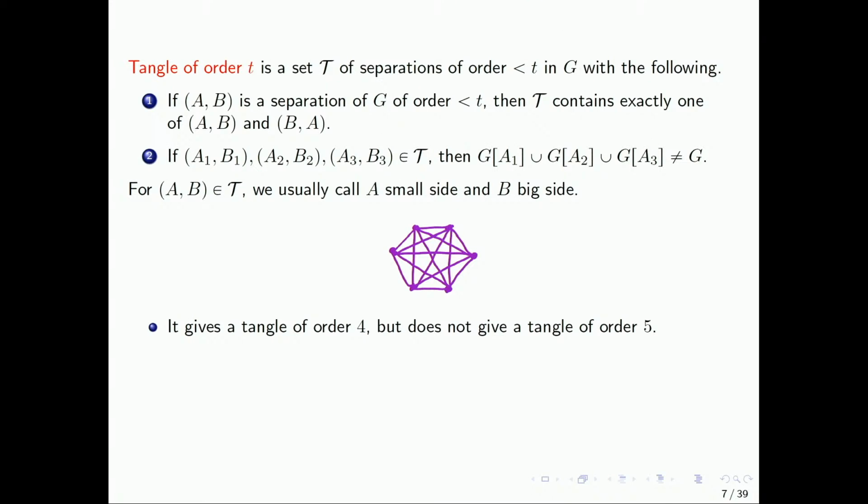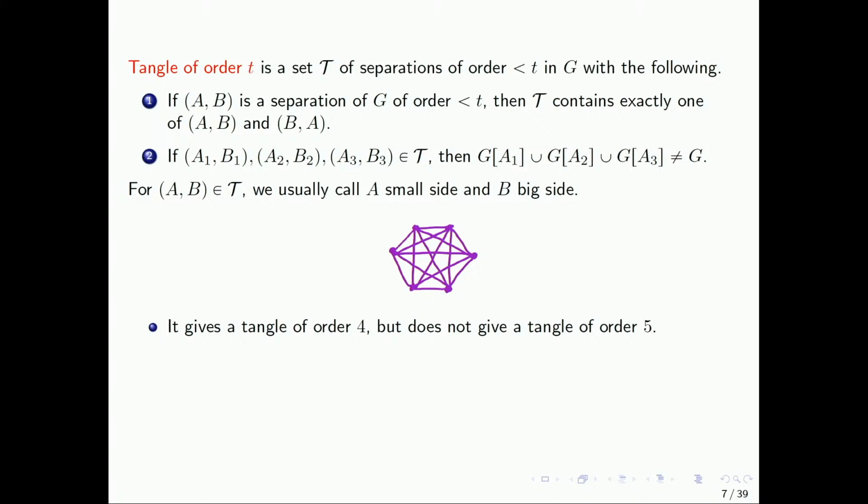So what about the complete graph? You can check that it gives a tangle of order 4, but does not give a tangle of order 5, because you cannot cover the whole complete graph of size 6 by triangles. If you have a separation of order 3, then that will be three vertices and the whole vertex set because of the clique.